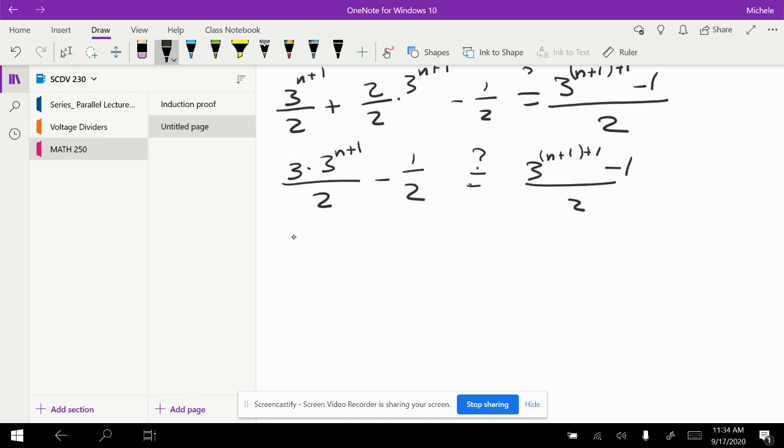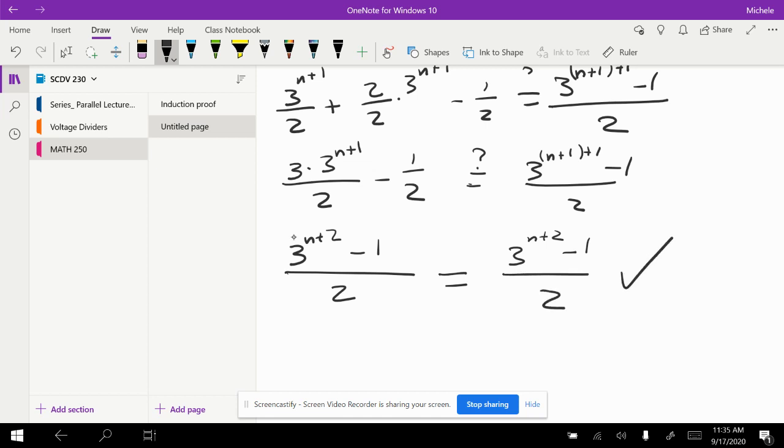Okay, so 3 times 3 to the n plus 1 is really 3 to the n plus 2. I'm just adding another term to the exponent, and over 2, and since it's the common denominator, I get 3 to the n plus 2 minus 1 over 2, and that's equal to 3 to the n plus 2 over here minus 1 over 2. So these two are equal, and I've shown that my proof works.